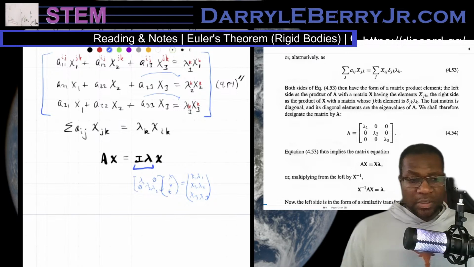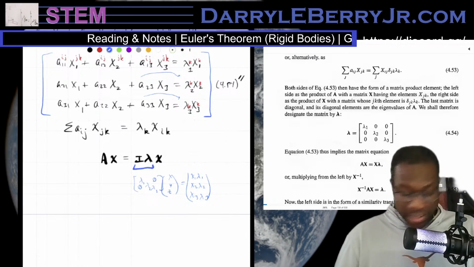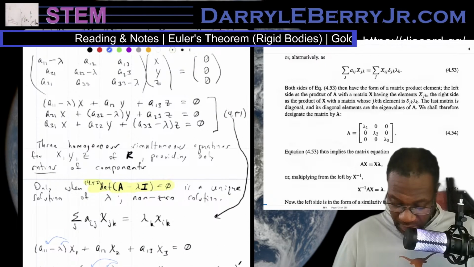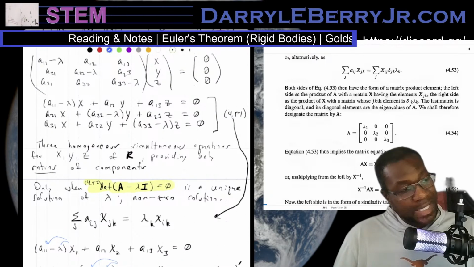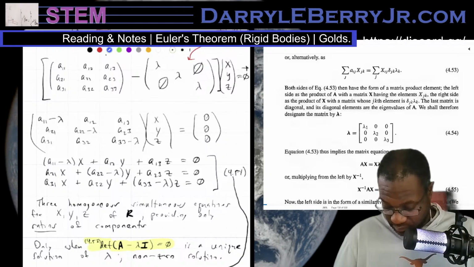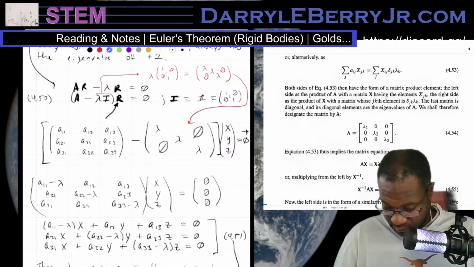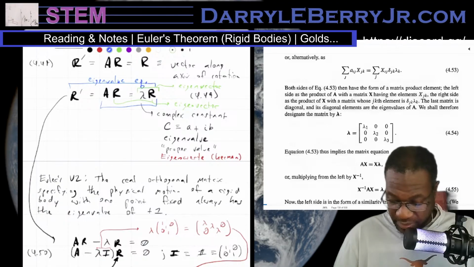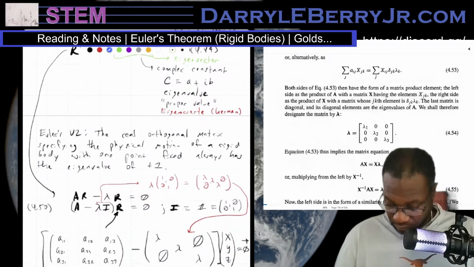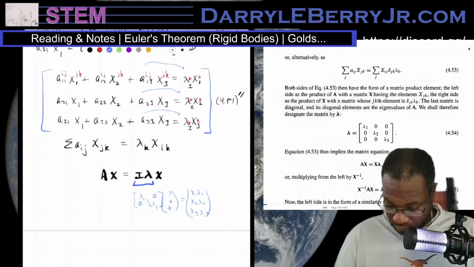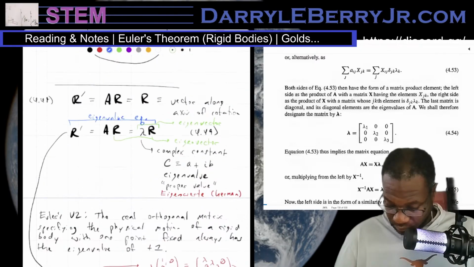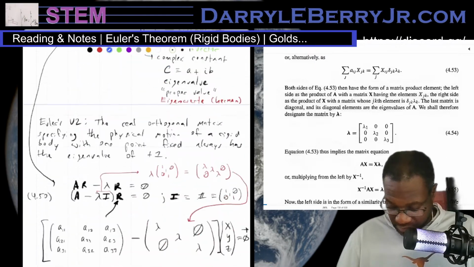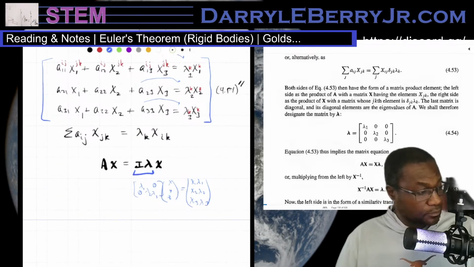So that's a different way to look at that operation. The A minus lambda I, which is just what we had before, I suppose. It's just this right here. I mean, it's simple enough.